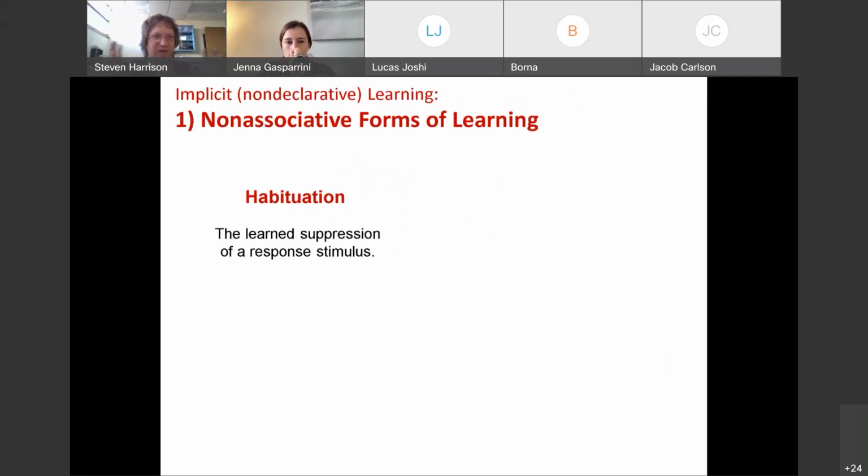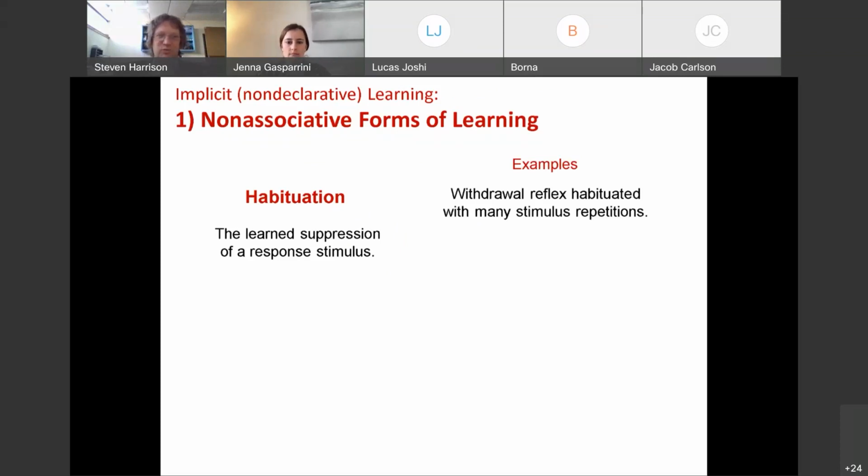Habituation. With habituation, we see a learned suppression of a response to a stimulus. What would be an example of this? You've got a withdrawal reflex, where you will reflexively move part of your body away from something dangerous in the environment.